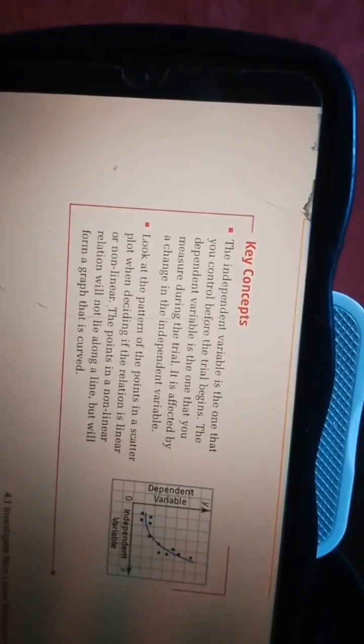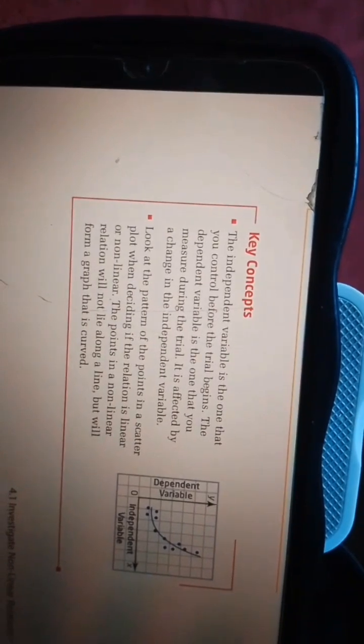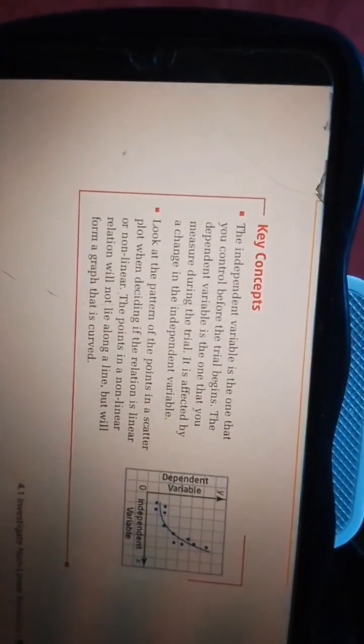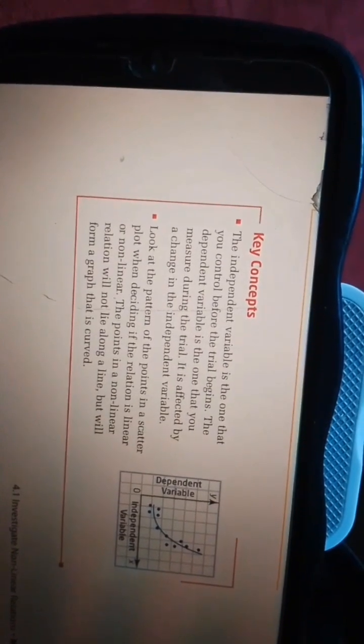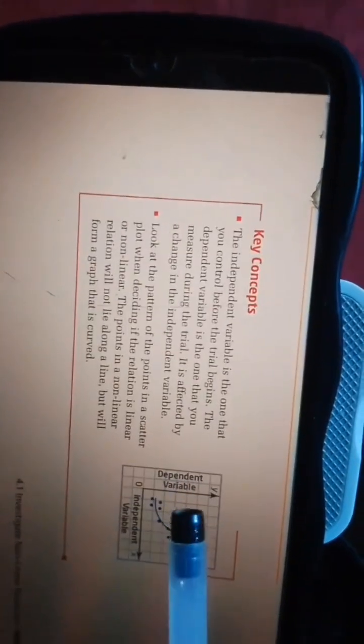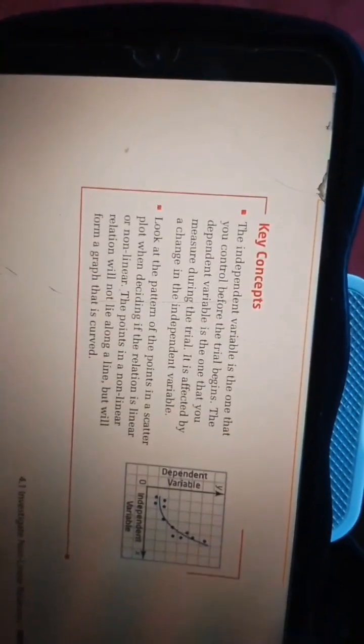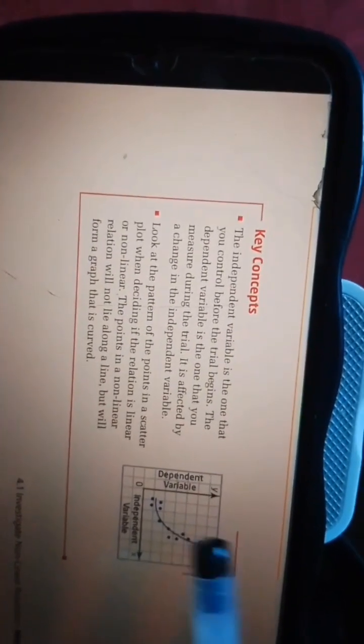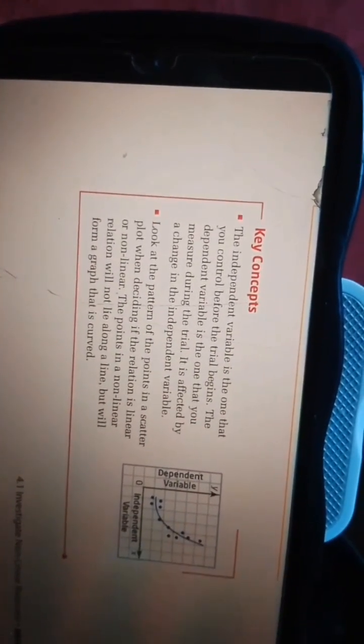So this drawn curved line is what we call the curve of best fit. In deciding whether the relation is linear or nonlinear, you look at the pattern of the points in a scatter plot. This is an example of a scatter plot.